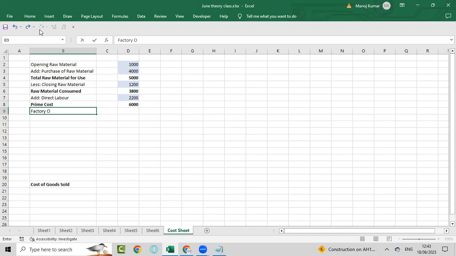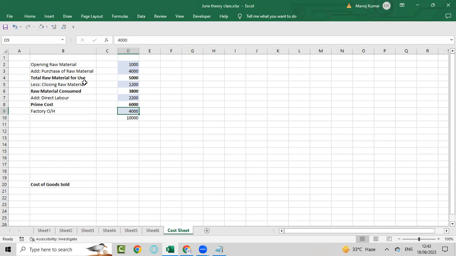Factory overheads. That is for 4,000. What do we include in this 4,000? Let's say power, fuel, or what? Factory rent. What else? Guard, quality in charge, production manager, other thing.